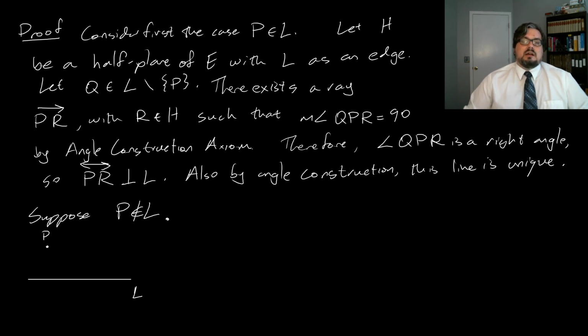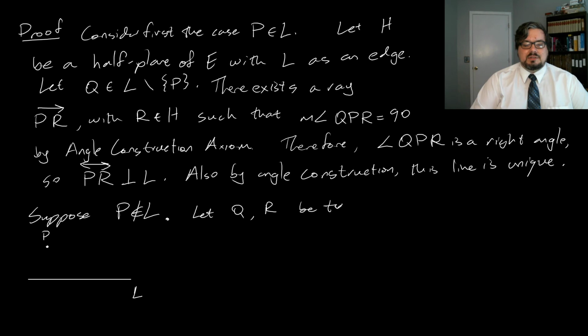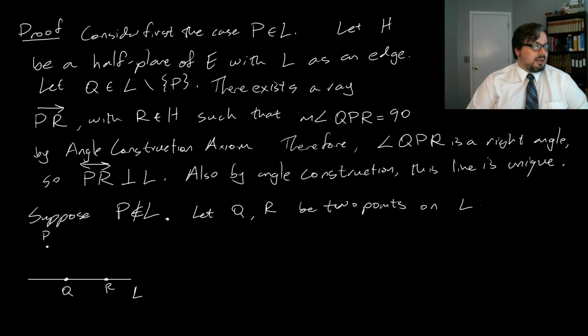We don't know a whole lot about L. It's just some random line. But one thing that we do know by axiom I5 is that it contains at least 2 points. So let's let Q and R be 2 points on L. Actually, let me call them A and B in order to stay consistent with my notes.